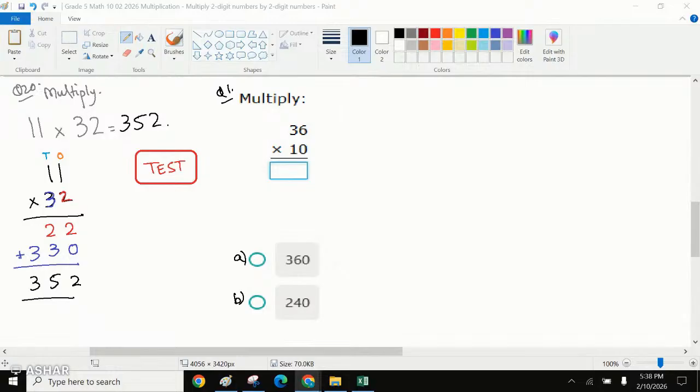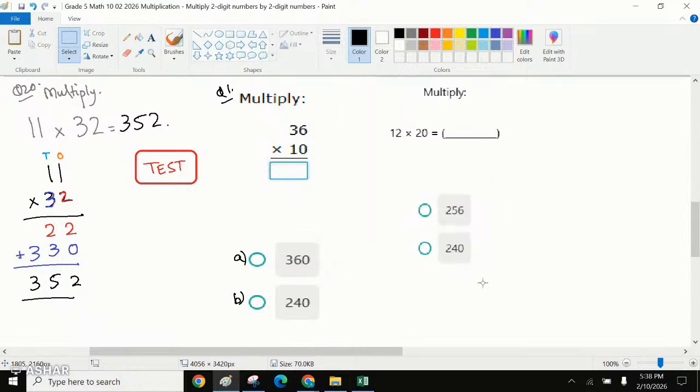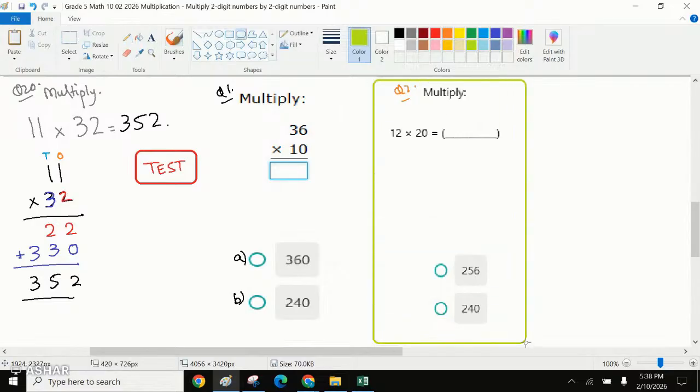So whenever we multiply a number by 10, what happens to the number? Yes, perfect. Option number A, that is 360.